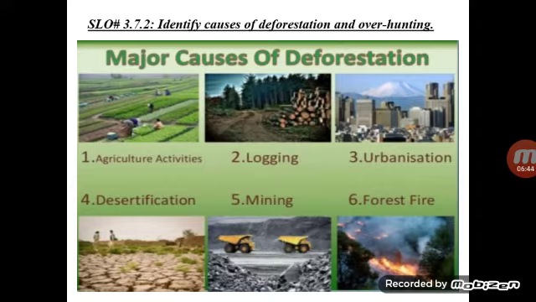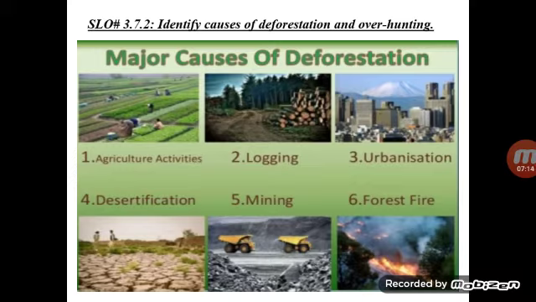As the population increases, our demand for food is increasing. So for food, for crops, we need more area for agriculture. That is why we are cutting down the forest and making agricultural ground.